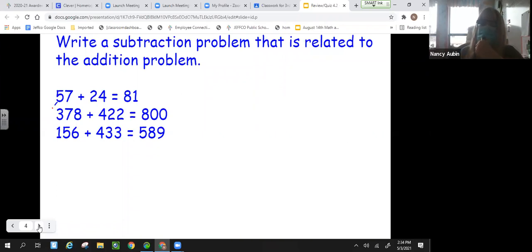So for example, if I know 57 plus 24 equals 81, what else do I know, Henrik? What are the subtraction problems? Make sure you take your big number first, right?